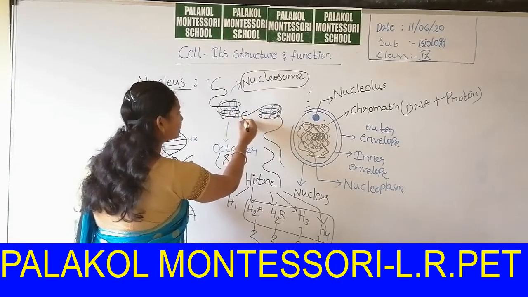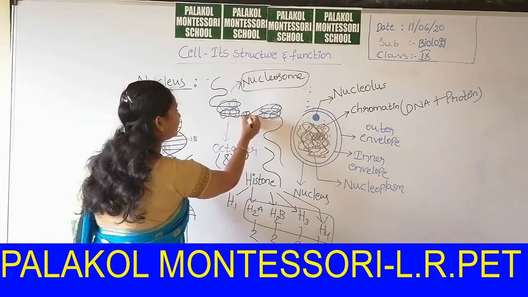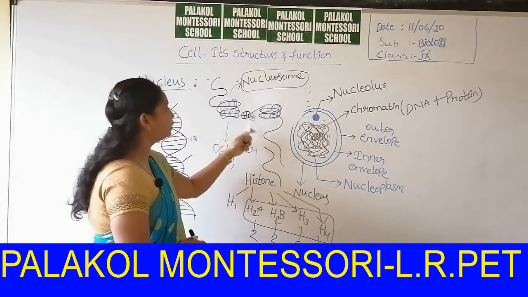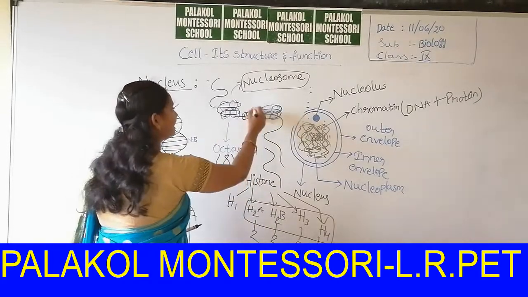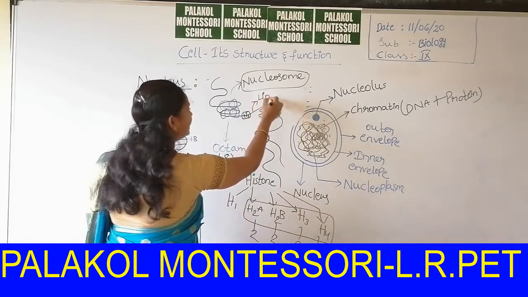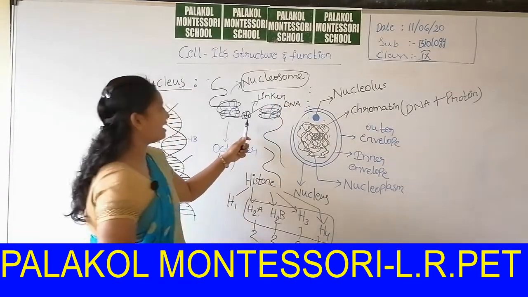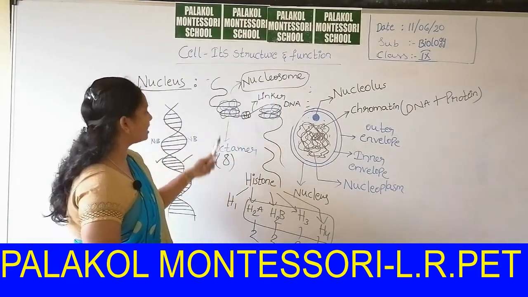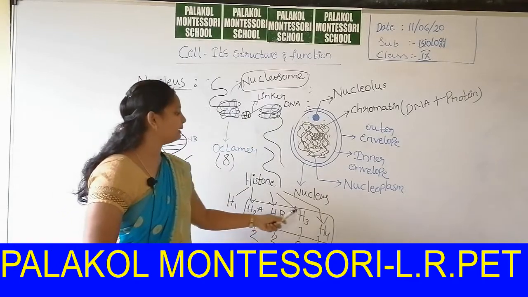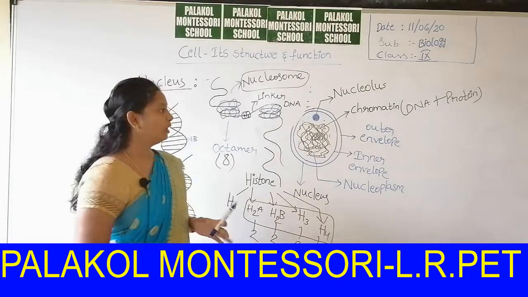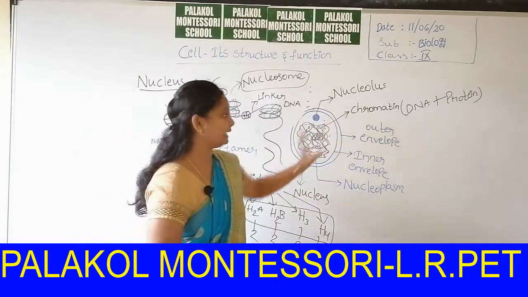In between 2 octamers, the H1 protein is present. The DNA present between 2 octamers is called linker DNA. Linker DNA has the H1 protein. Inside the octamer, H2A, H2B, H3 and H4 proteins are present, each having 2. Okay, this is nothing but chromatin.